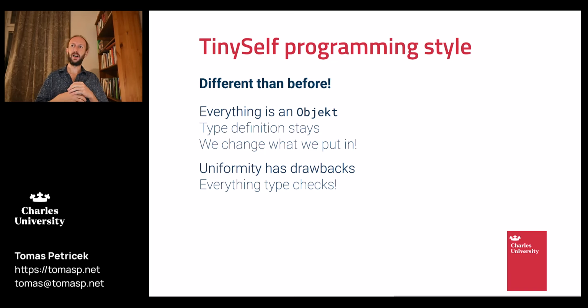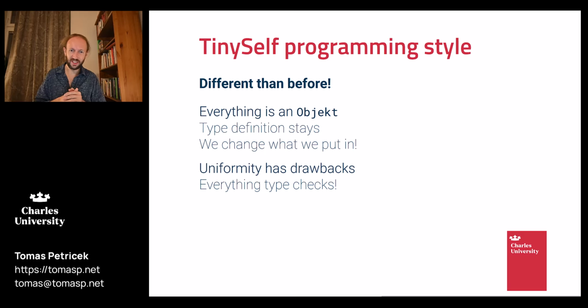Then we had dictionaries to store our variables. But in TinySelf, pretty much everything is going to be an object. In all the earlier labs, all the earlier Tiny systems, we were changing the type definitions as we were adding new features. This time, the type definition will stay the same throughout the whole development.